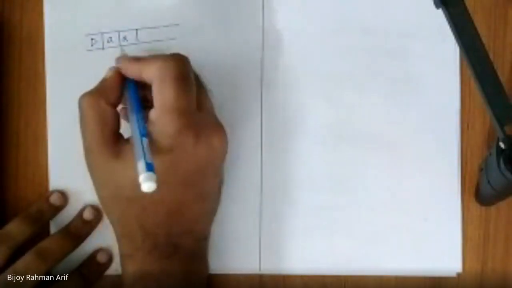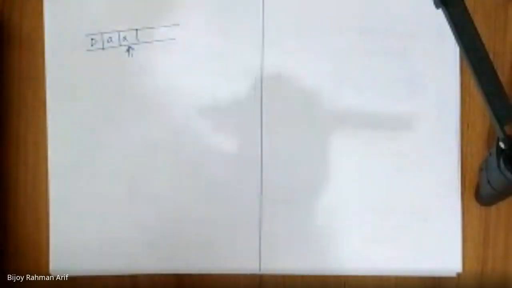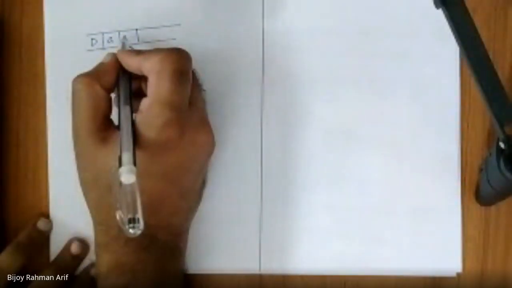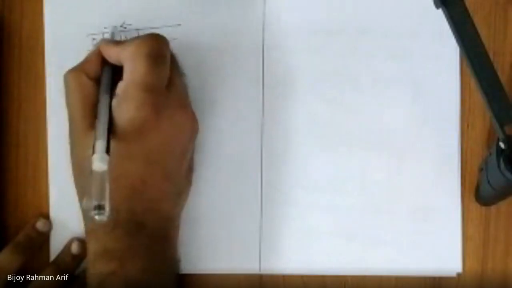I've started from here. Then what happened? It gets the A, which is not blank, left shift. It gets the A, which is not blank, left shift.